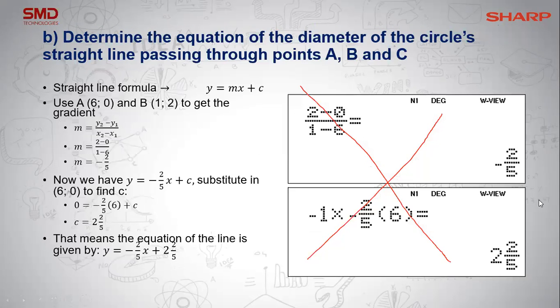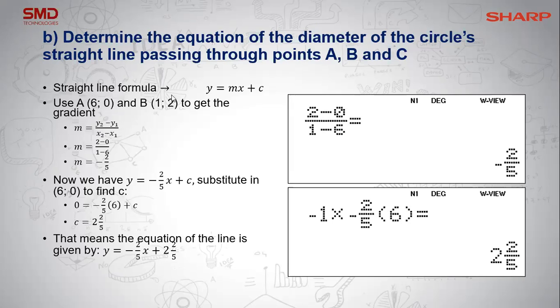Then question B says, determine the equation of the diameter of this circle, the straight line passing through the points A, B, and C. So we already have A and B, so we can straight away get the gradient using our gradient formula, and that's just substituting those coordinates in. If you struggle with this, just label them.